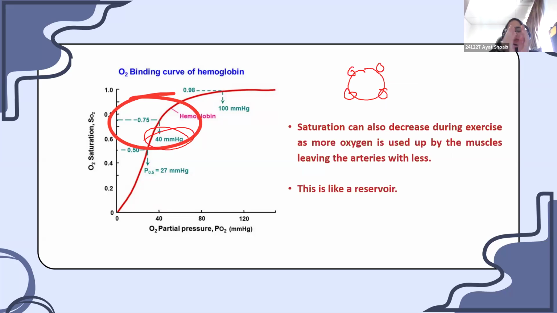If your tissue, like during exercise, your muscles require oxygen, right? So during exercise, more oxygen is used up. Why? Because the blood vessels near it realize, oh, I need to give it more oxygen, so I should release more oxygen. So it starts releasing more oxygen, and more oxygen is basically given out to the muscles.